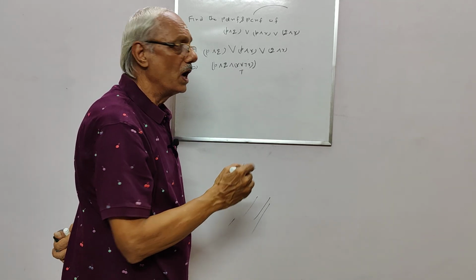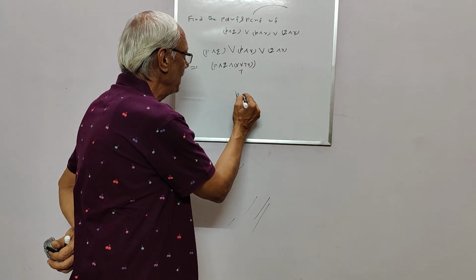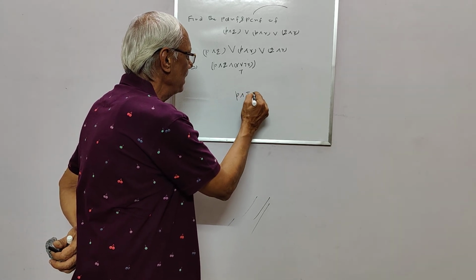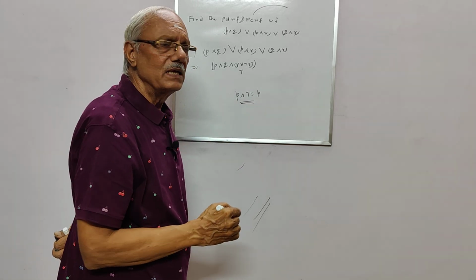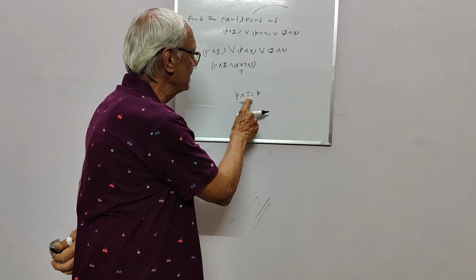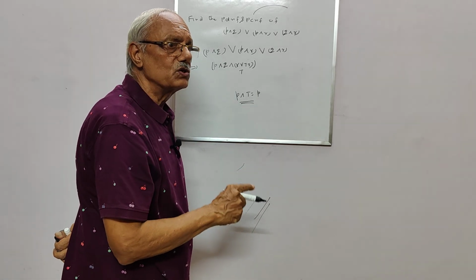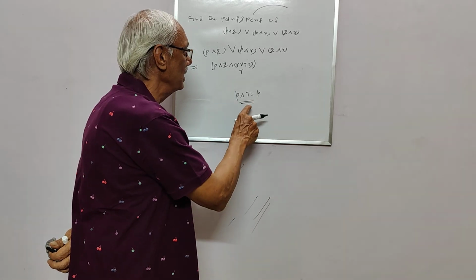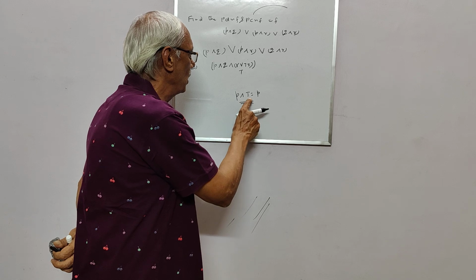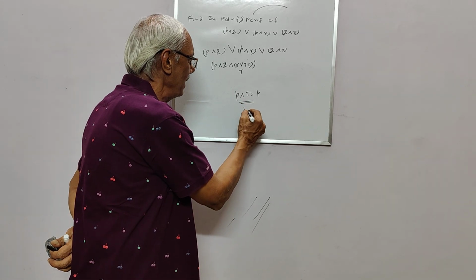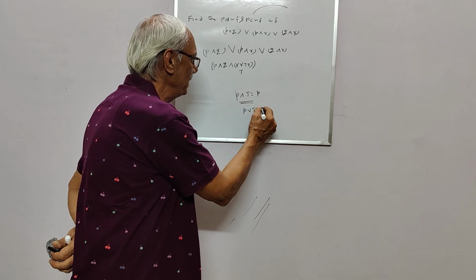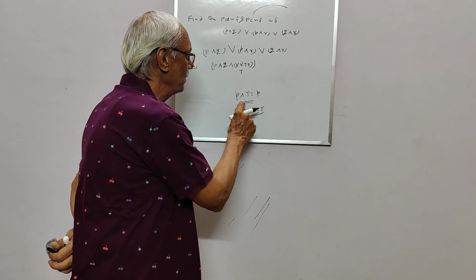T means true. True with P conjunction T will be P only. For any P, the truth is that P conjunction T will be P. So remember this. That is a law that you must know, and you must know that P union T will be T. This is a dominant law.